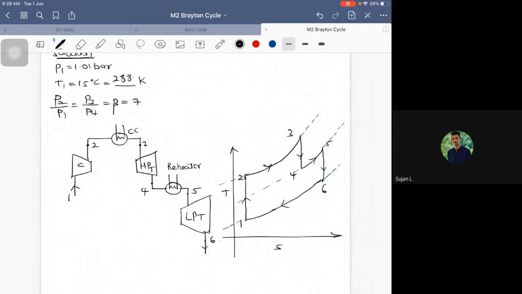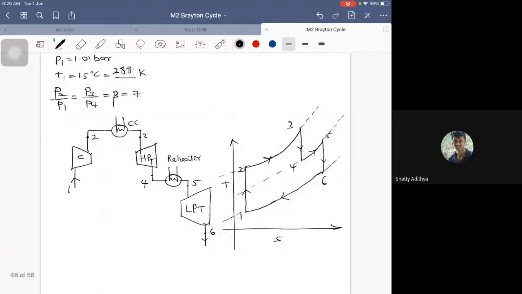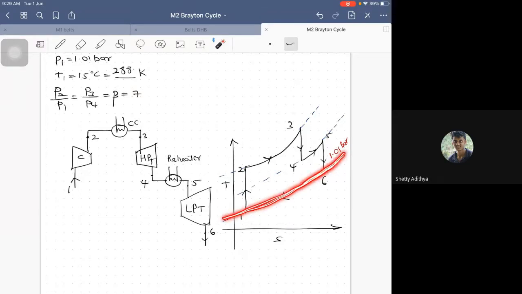Which value of pressure is given in this particular problem? Only P1, the pressure at state 1. Which is how much? I would just write here, it is 1.01 bar. So all this heat rejection process would take place at 1.01 bar.